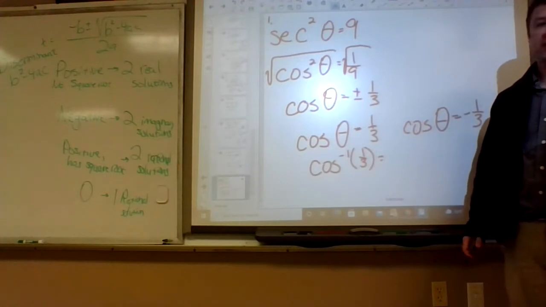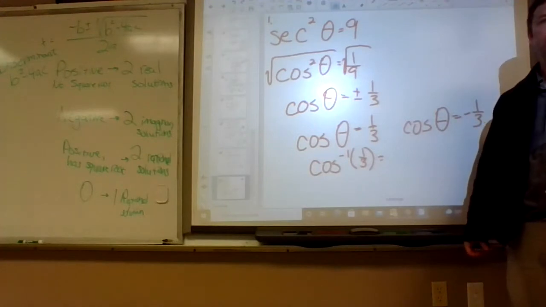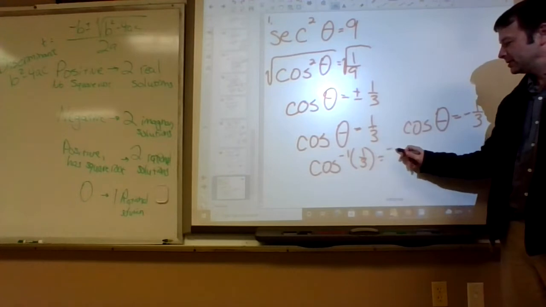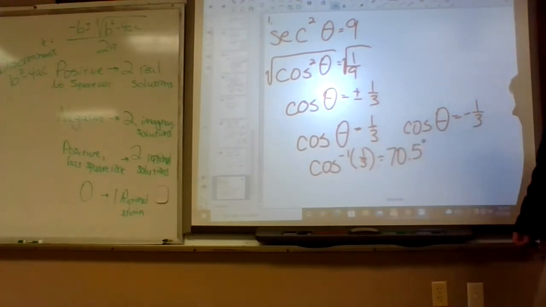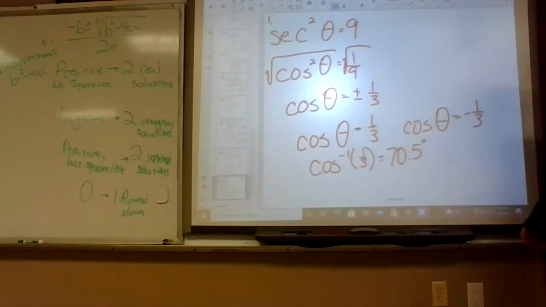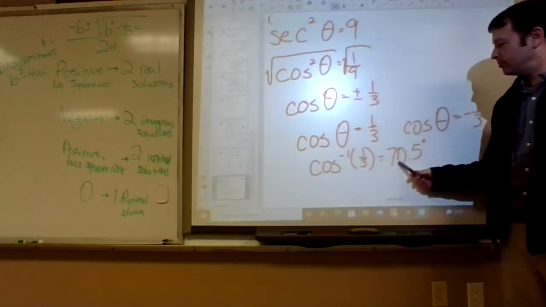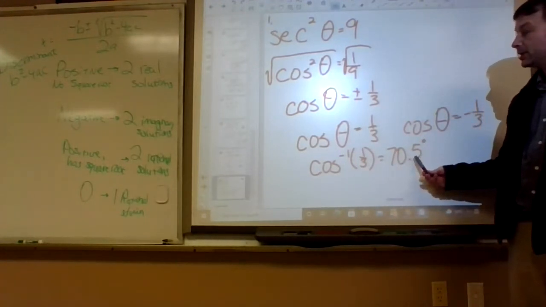No, that's in radians. Let's do degrees. How do you know those are radians? Because it's 1.2. 70.53. It's possible to have a degree like that, but it would be weird. The fraction would be really, really tiny.